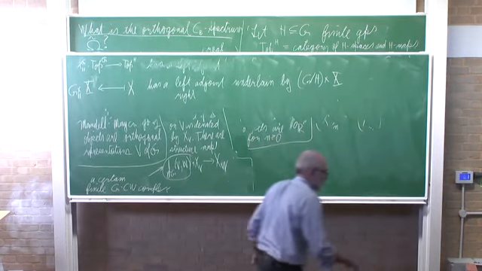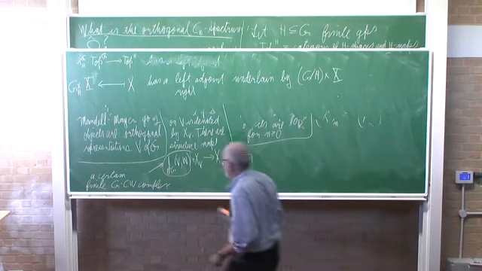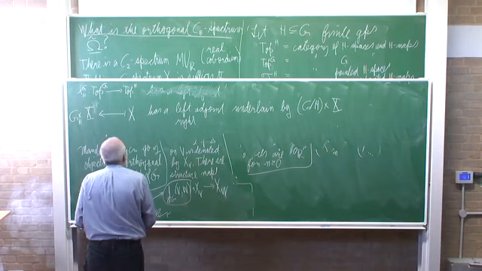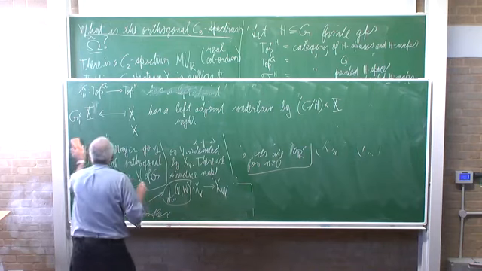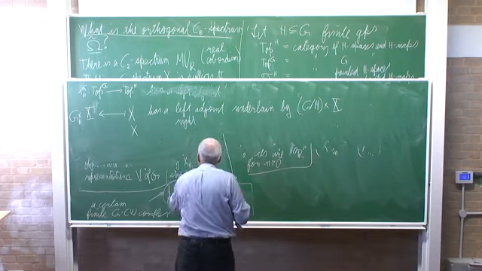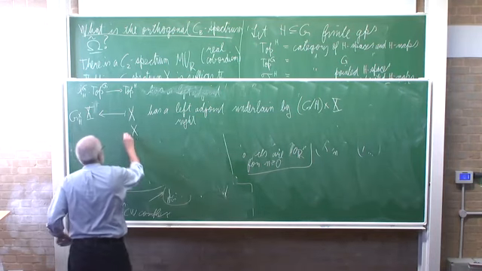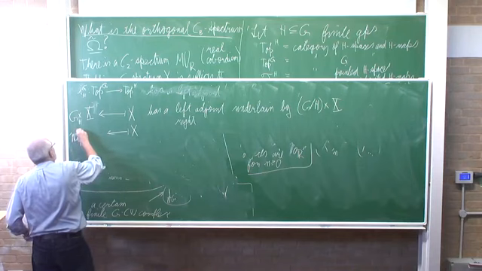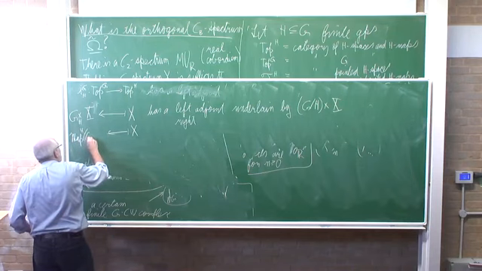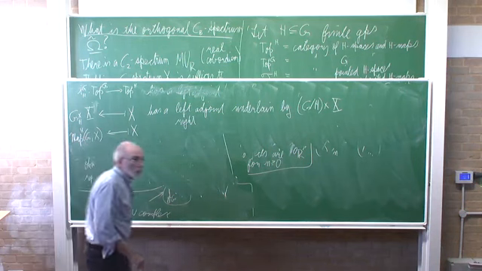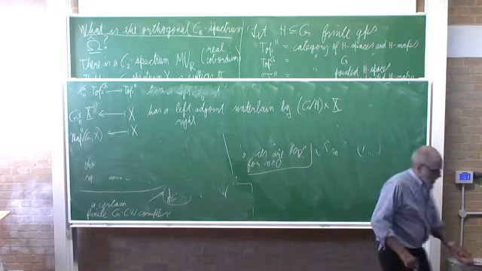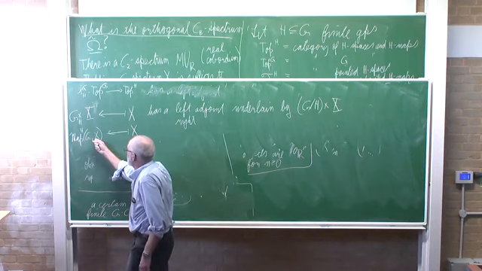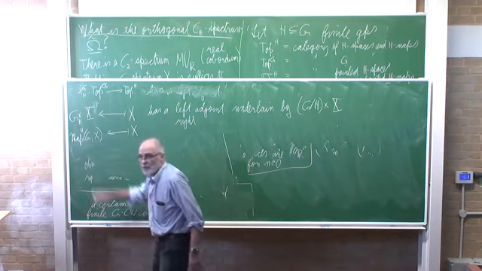And the right adjoint is this. The right adjoint sends X to the space of H equivariant maps from G into X. So X is an H space by definition. G is also an H space.